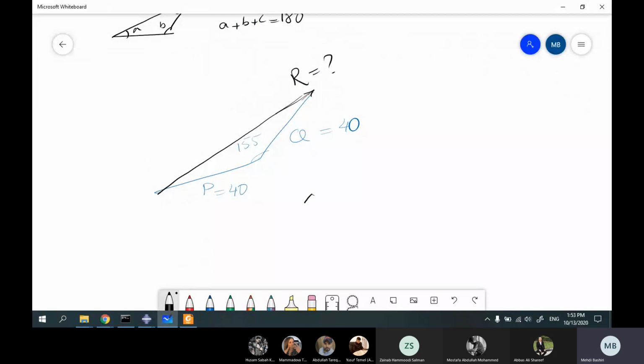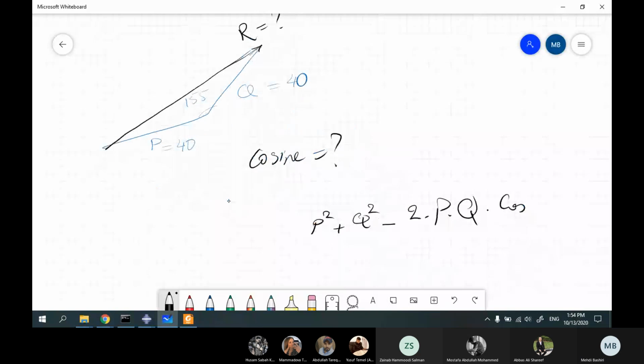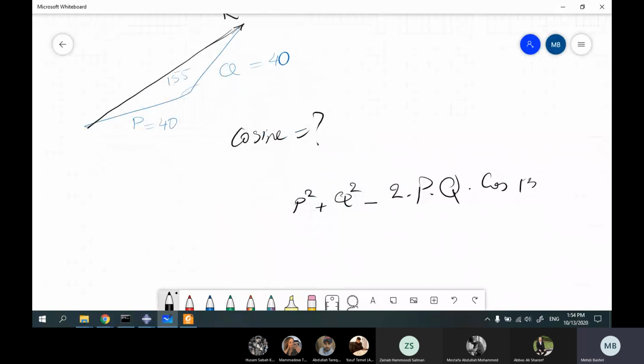By the cosine rule. How? P squared plus Q squared minus 2PQ dot cosine of what? This 155 would be R squared.